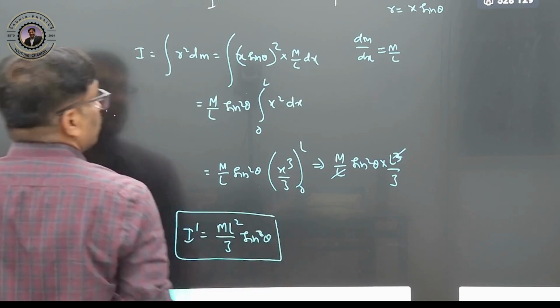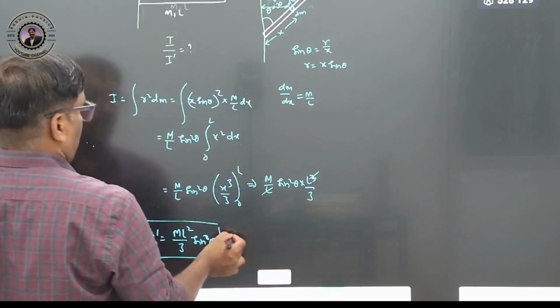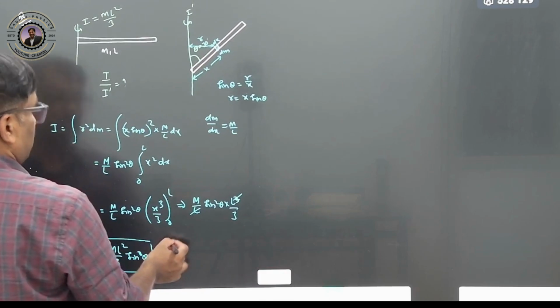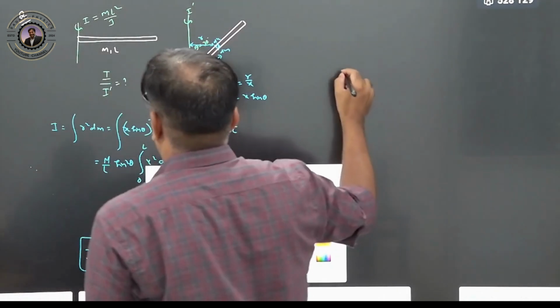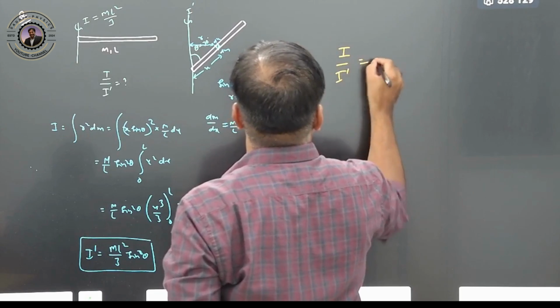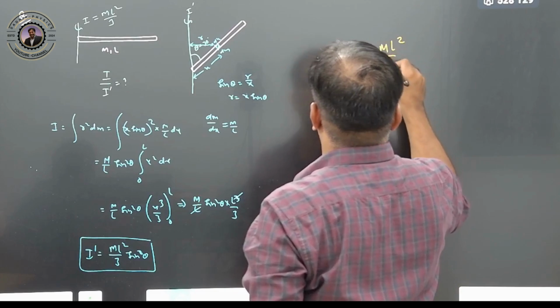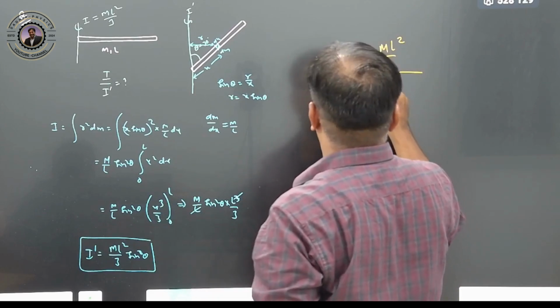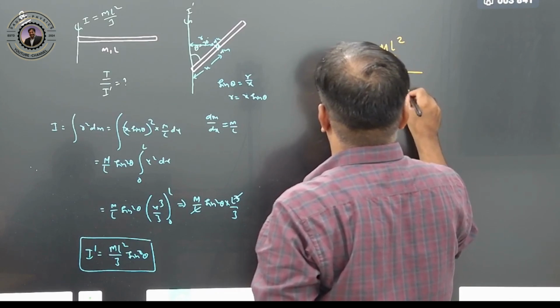Clear? So if you want to calculate I by I dash, it is very simple. I is ml square by 3, divided by I dash, which is ml square by 3 into sin square theta.